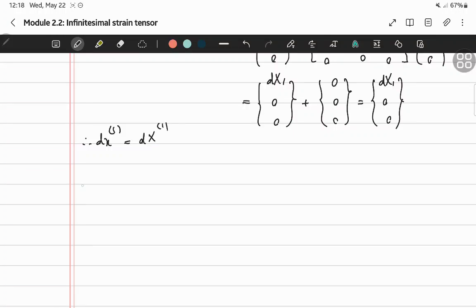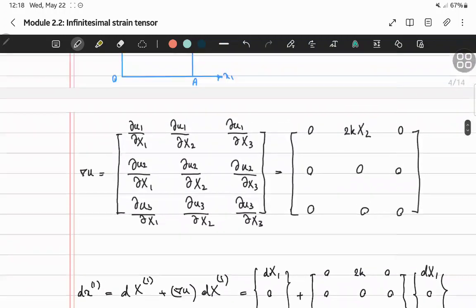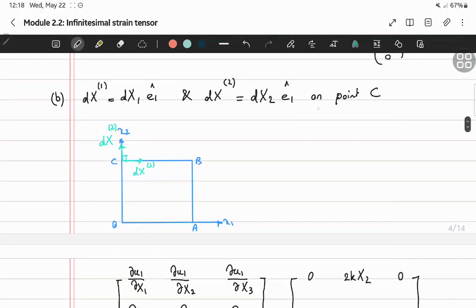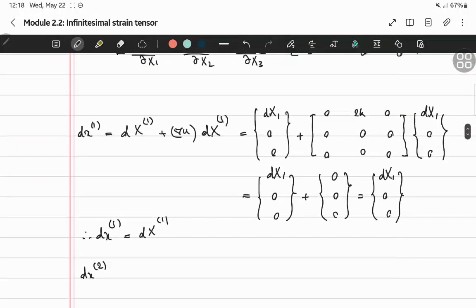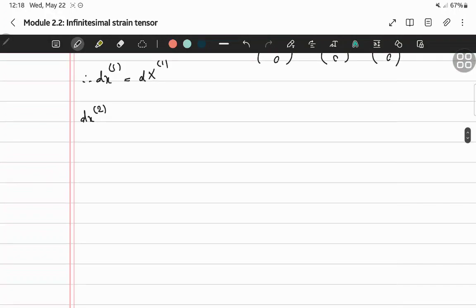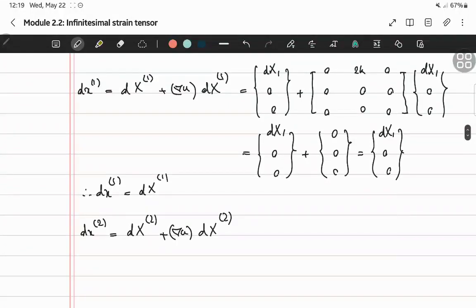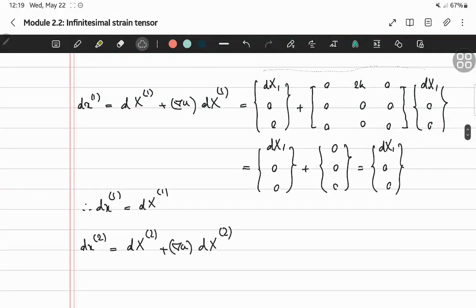So now let's do this for dx2. And I am doing this for point C, of course. And I will also do this for point B, just as a practice. So dx2 becomes capital del u, dx2. Again, what I have here, I tried to copy and paste from here.